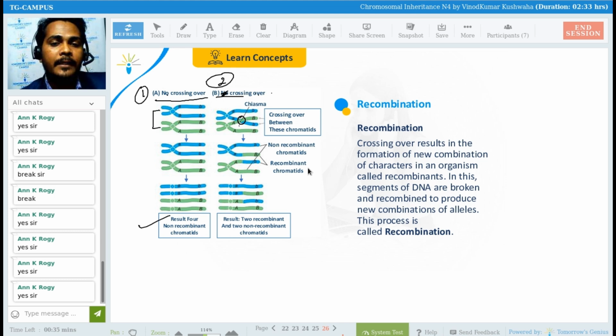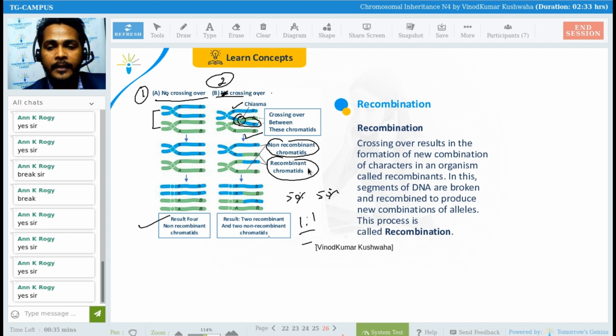Crossing over between these two chromatids leads to the exchange of their genes. So these two are non-recombinant, but these two are recombinant chromatids. So two recombinant and two non-recombinant chromatids are formed, which is 50% recombinant and 50% non-recombinant. So I can say a 1:1 ratio, right?